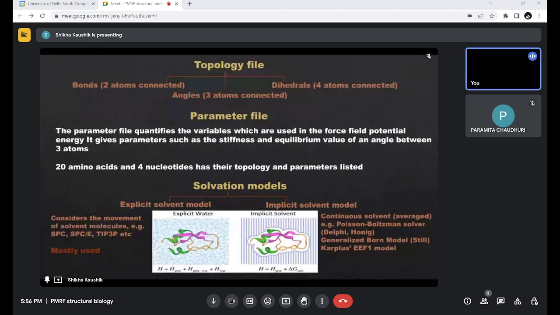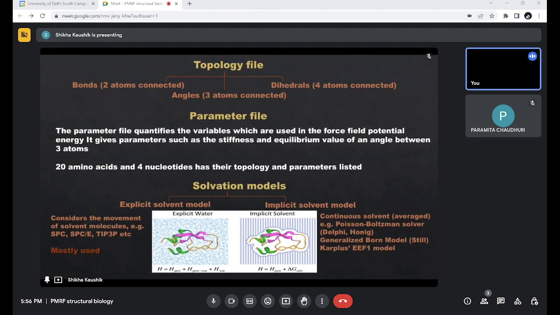If you imagine a cell, there are so many proteins performing their activities. There is an environment which is favorable, leading to the activity of that protein. That is why solvation is important. Whenever we are simulating a system, for example a protein present in a cell, I have to mimic that system, and the solvation model gives you that.